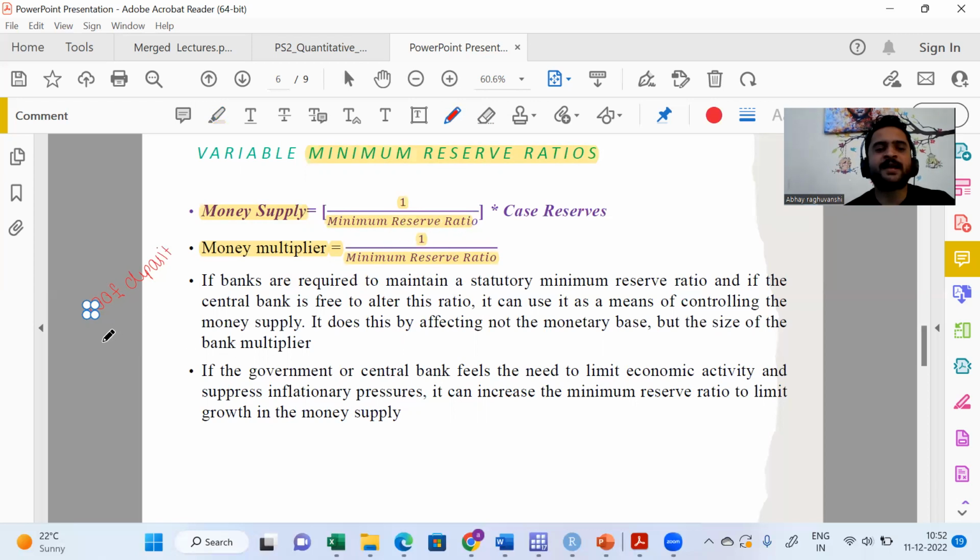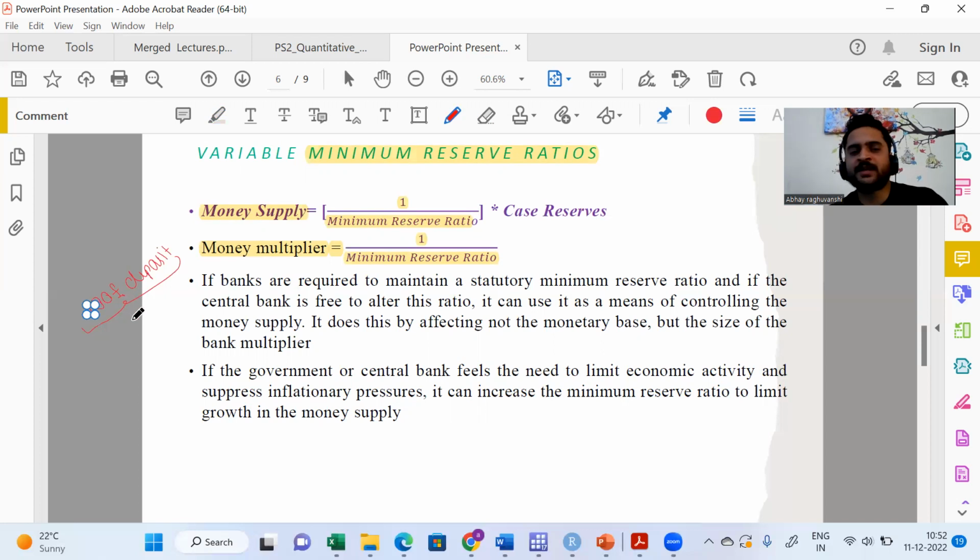So the central bank can ask the banking system to keep a certain proportion of these deposits as reserves. This is done in order to meet a sudden withdrawal demand from the public. Some people who have deposited their money in the banking system would need that money for emergencies or their requirements, so a certain proportion of the money would be withdrawn at the same time.